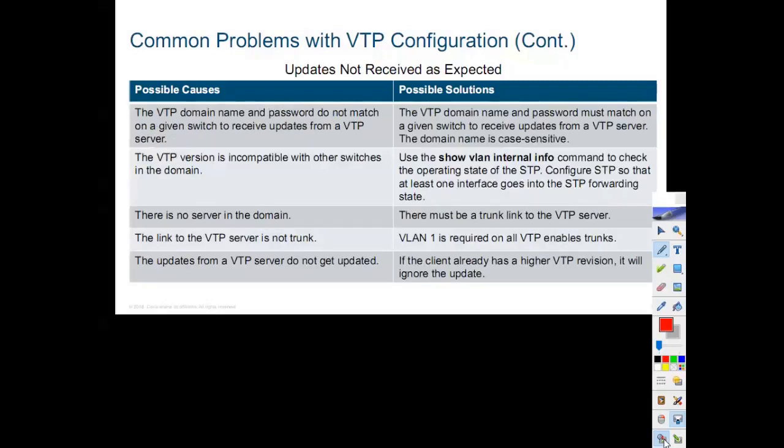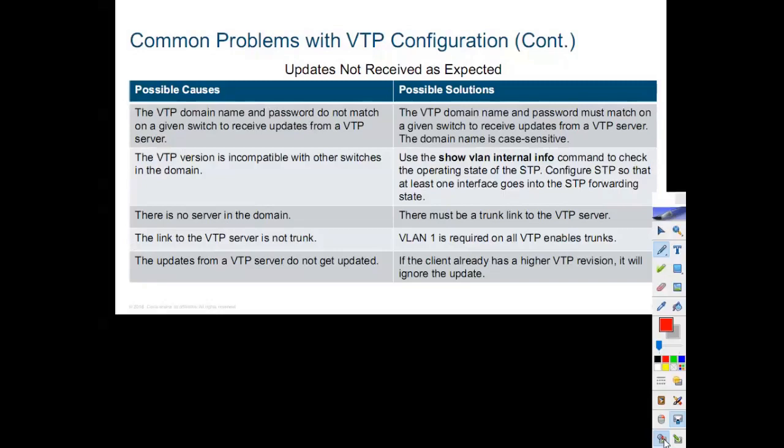If you don't have the same password among those switches, they don't receive an update because the passwords are not matching. The solution is that the domain name and password have to match on all the switches within your VTP domain, and they are case sensitive.